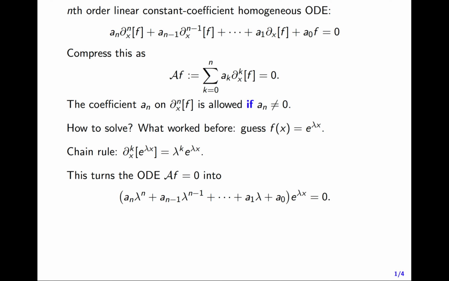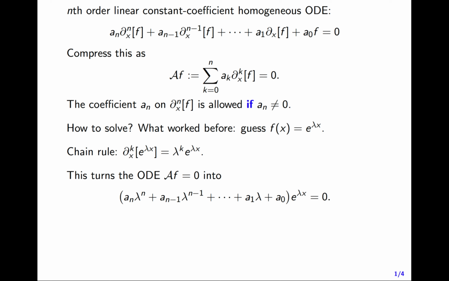And I pop out from A on f equals 0 the following equation: an times lambda to the power n plus an minus 1 times lambda to the n minus 1 plus all the way down to a1 times lambda plus a0. That whole quantity, that whole polynomial in lambda, times e to the lambda x is equal to 0.